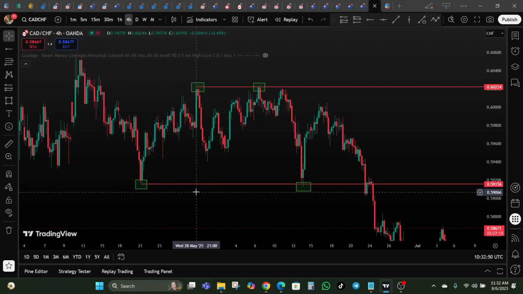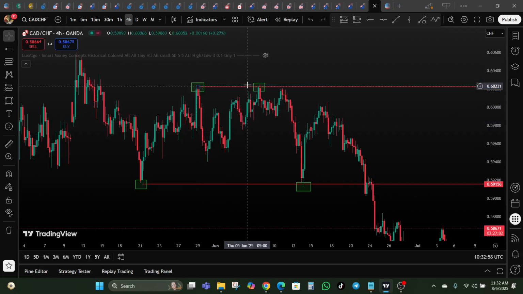And institutions know this. They know that when the majority of retail traders see a double top, they either take short positions or place their stops just above it.